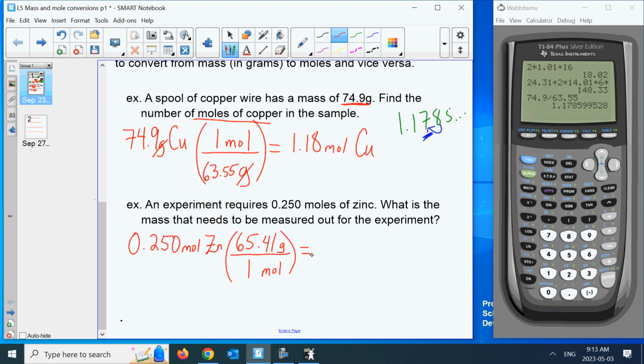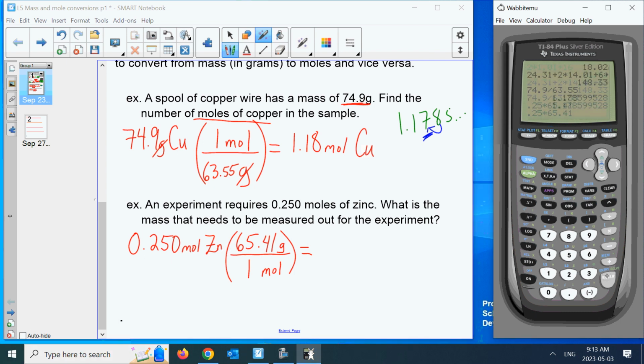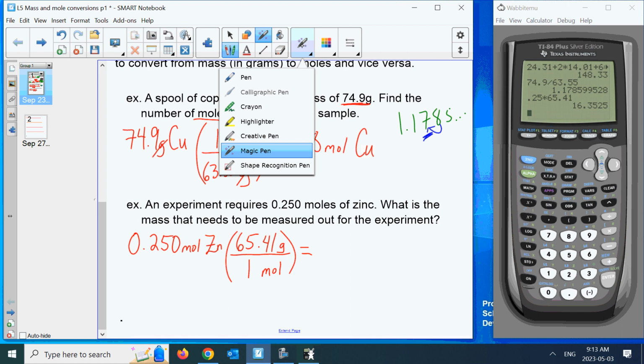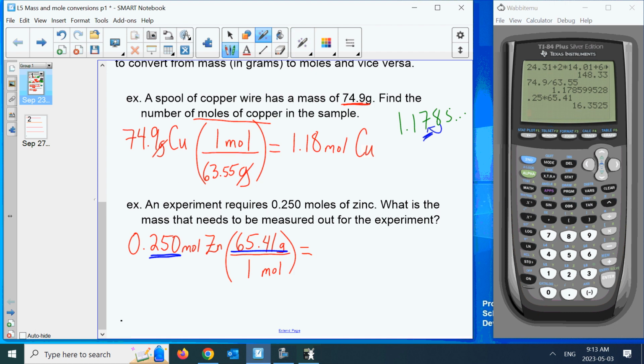Now, this means mathematically 0.250 times 65.41. I don't need to enter the line, but I could. So, 0.250 times 65.41, and I get 16.3525. I've got 3 significant digits and 4 significant digits, so that means 16.35.